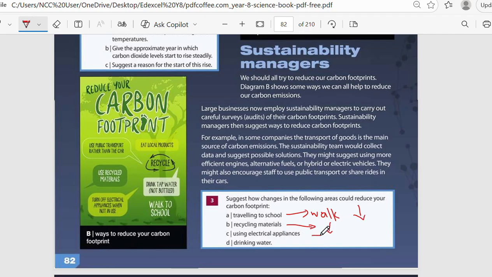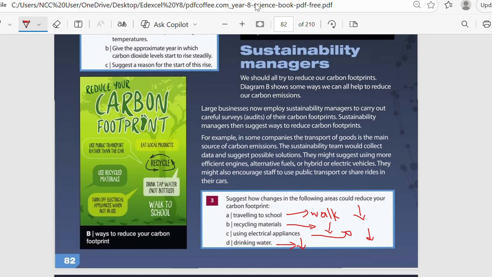Then if you turn off the electrical appliances when not in use, you can reduce the carbon footprint. If you use tap water instead of bottled water, you can reduce the carbon footprint, right? So you have to write it in that way and say whether it will reduce the carbon footprint or not. Okay, that's what you have to do for this one.